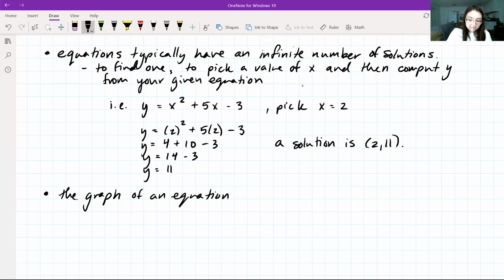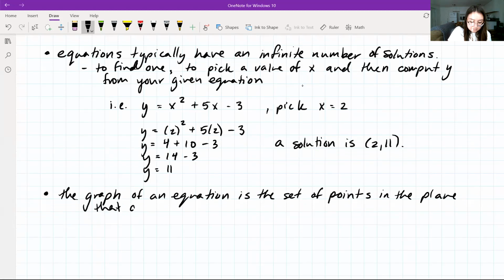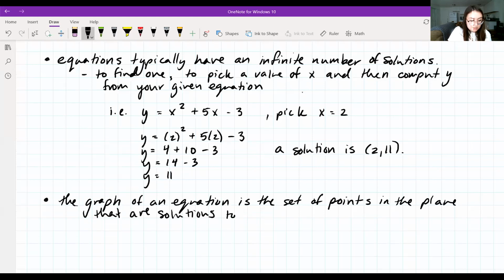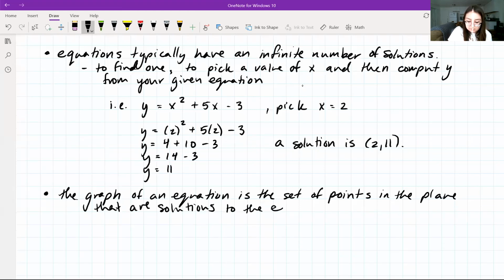So our graph of an equation is the set of points in the plane that are solutions to the equation.